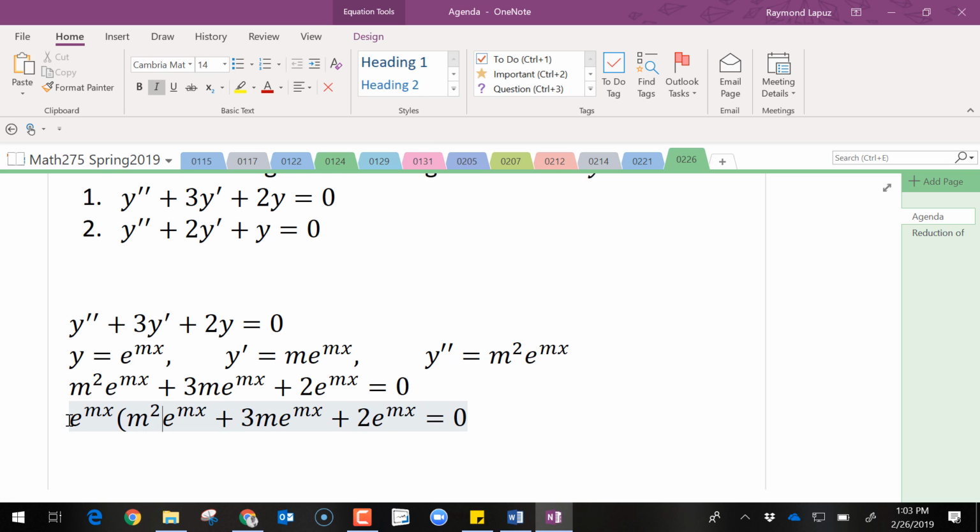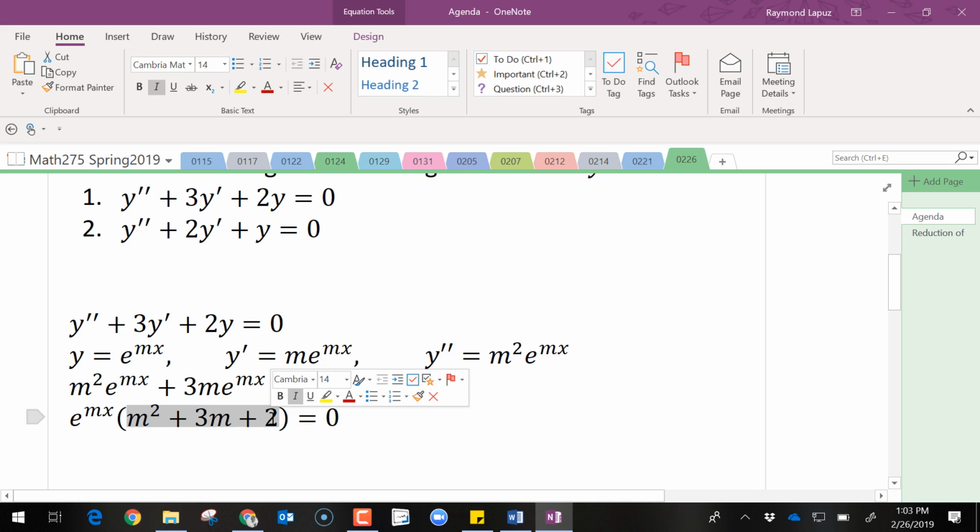We'll factor out an e to the mx. So this is gone. This is gone. And this is gone. Hey, look at that. What is this? So e to the mx will never be equal to 0, and we have a quadratic equation.